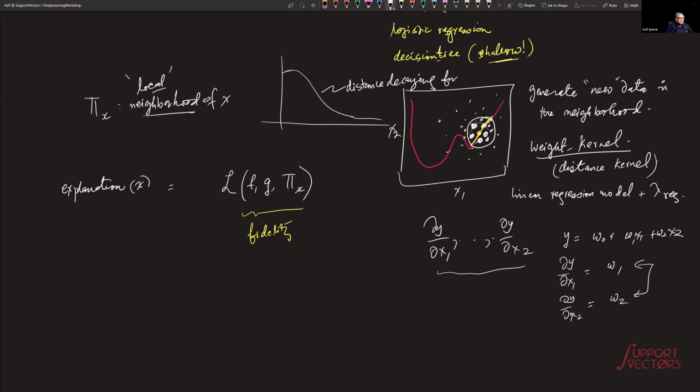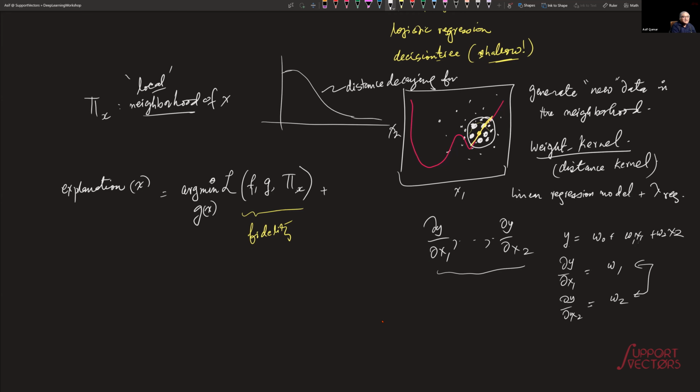So this part is very straightforward. You are looking for the argmin over g of the explanation, the simplest explanation in the neighborhood of x, which has a high fidelity to the function f itself.